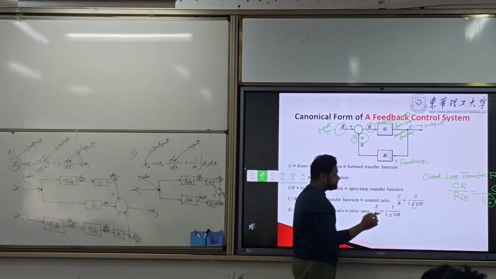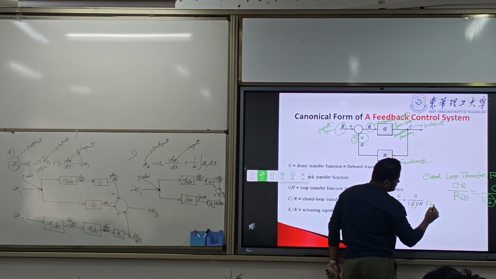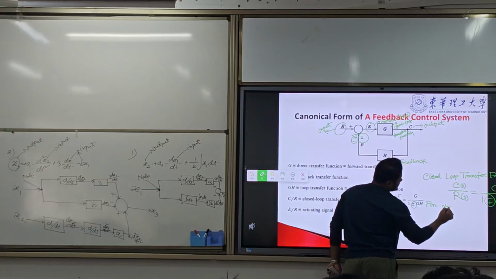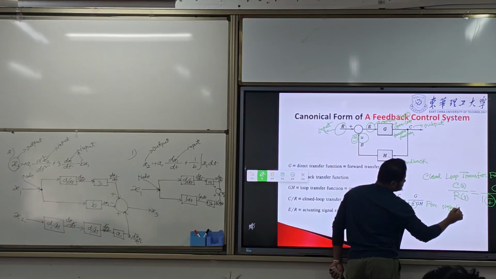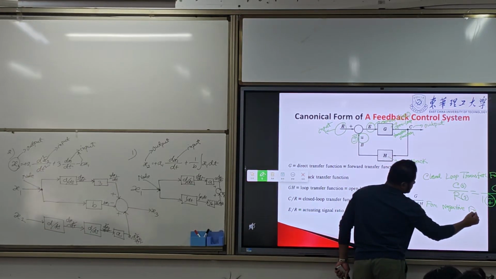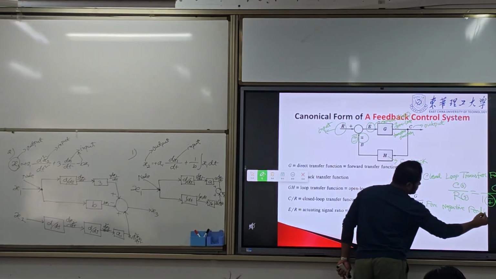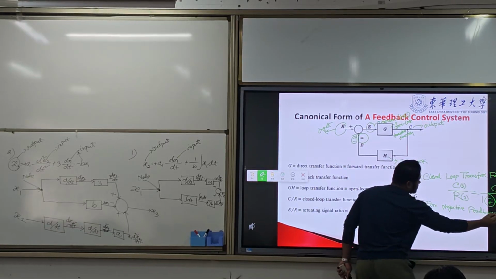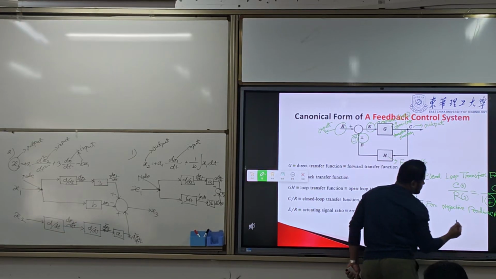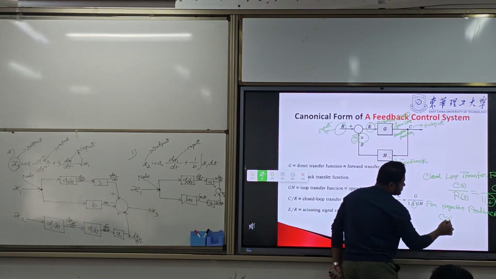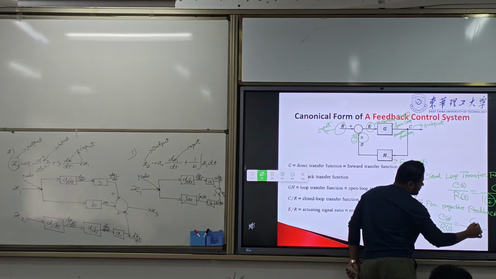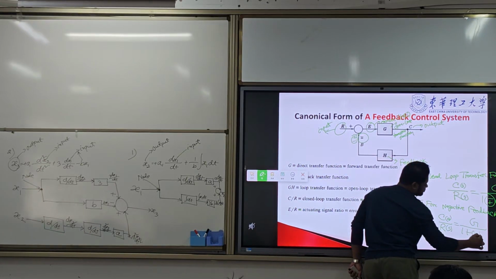There are two types of feedback, positive or negative. For negative feedback, C(s) by R(s) is equal to G by 1 plus GH.